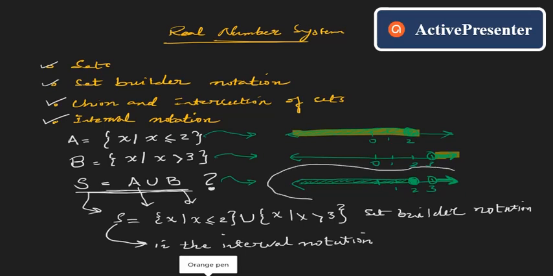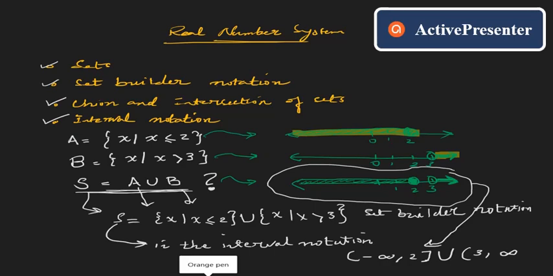You just represent this, which is S. In the interval notation, we write it as from negative infinity open to 2 closed union 3 open to infinity.